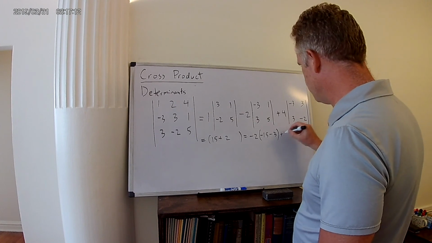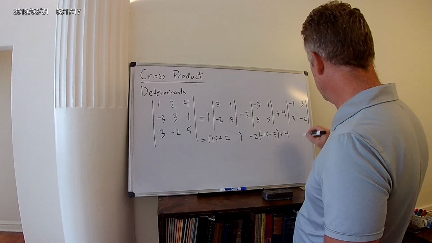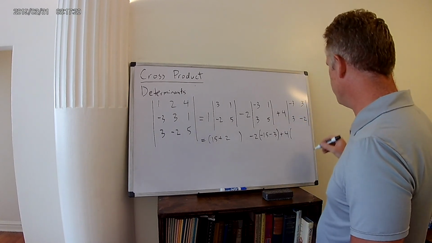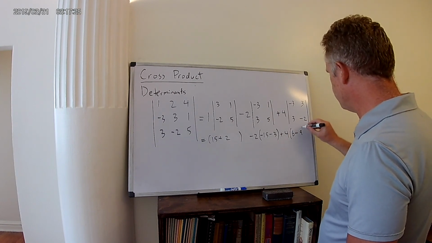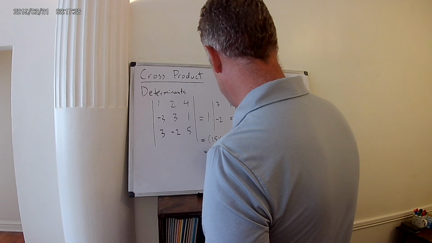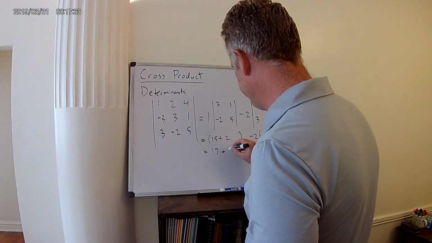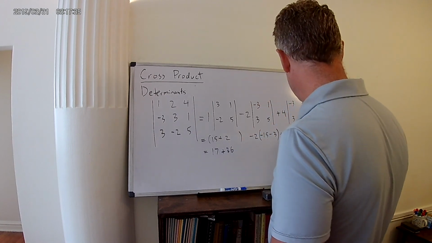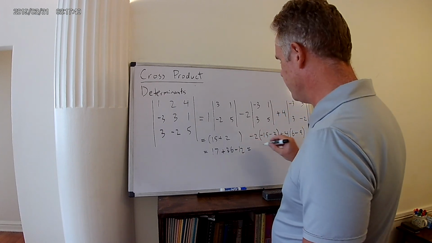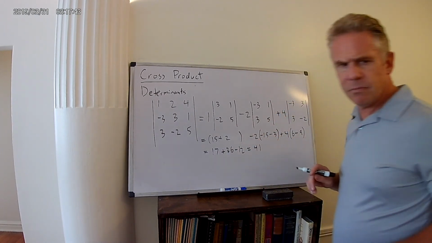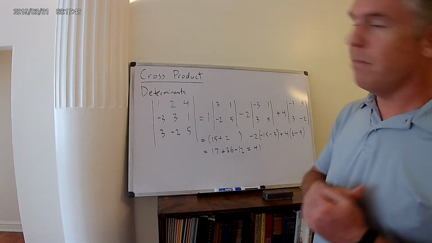And the third term is 4 times, minus 3 times minus 2 is 6, and then minus 3 times 3 is 9. So this is what we get. And then we can simplify this. This is 17. This is minus 18 times minus 2 is 36, and this comes out to 4 times minus 3 is minus 12. And if you add these together, this comes out to 41. So that's an example of calculating the determinant of a 3 by 3 matrix.